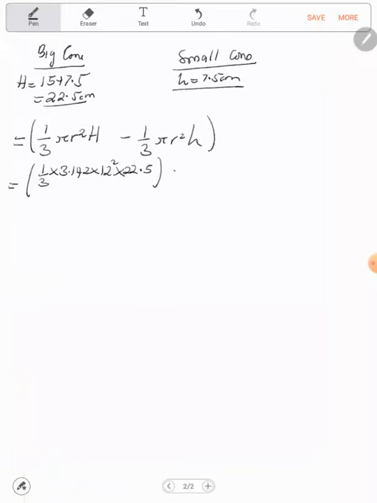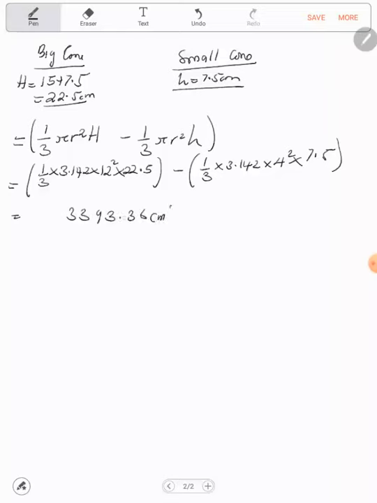Minus one third times 3.142 times the radius 4 squared times the height 7.5. Now 12 squared is 144, and 144 times 22.5 gives 3240. Then 3240 times 3.142, divided by 3, gives 3,393.36 cubic centimeters as the volume.